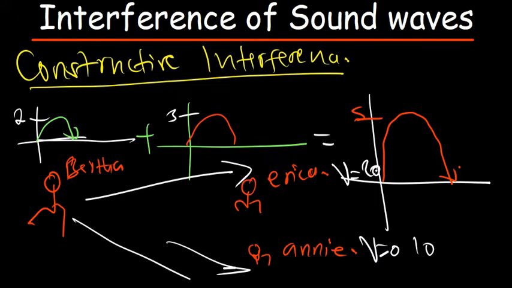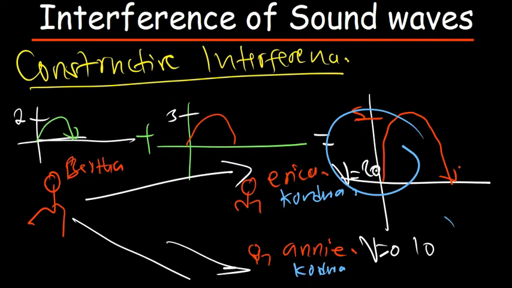Now constructive interference will have the same things. So Erica is playing a song done by Yomaps, which is Kondwa. Then Annie is also playing a song done by Yomaps, the same song, Kondwa. So it is the same song. Now the volume here is at 20. This volume is at 10.